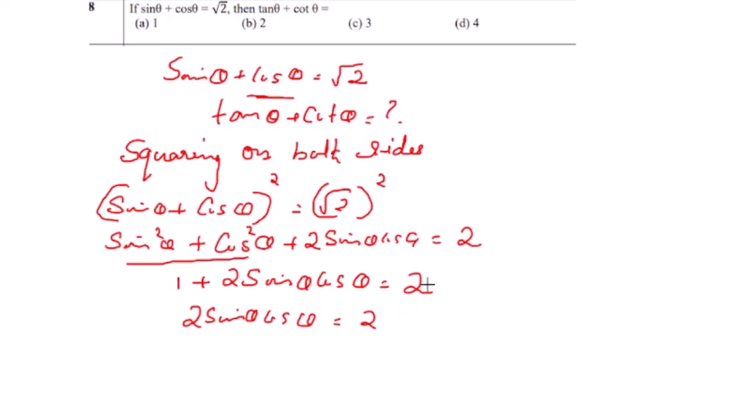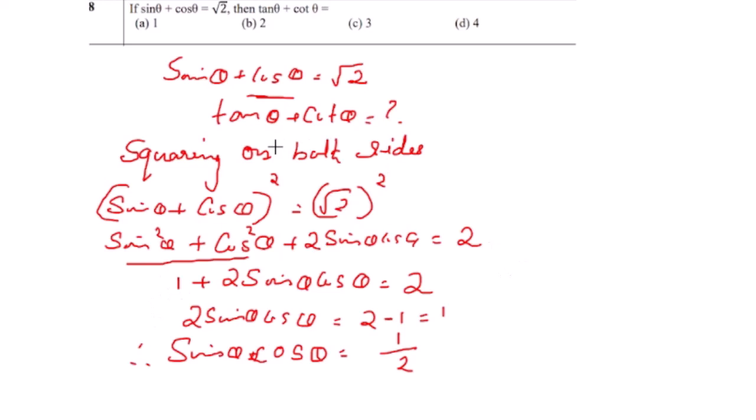That is equal to 1. So 2 sin theta cos theta is equal to 1. Therefore, sin theta into cos theta is equal to 1 by 2.